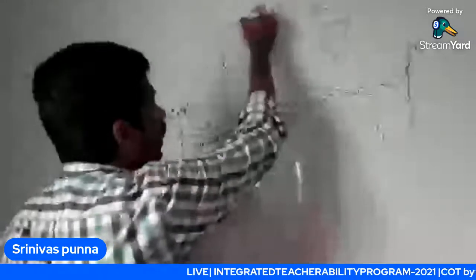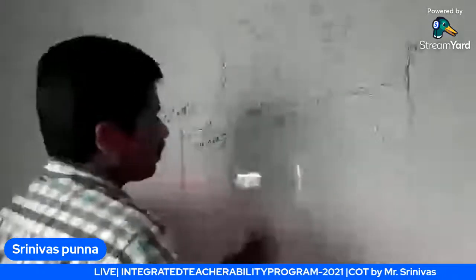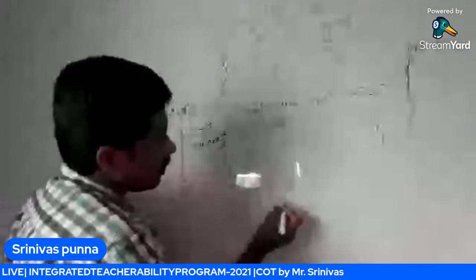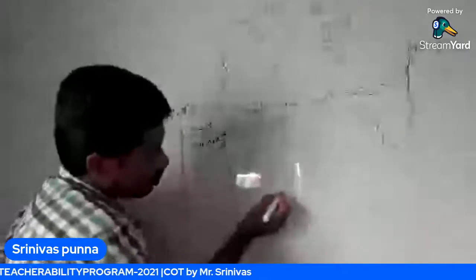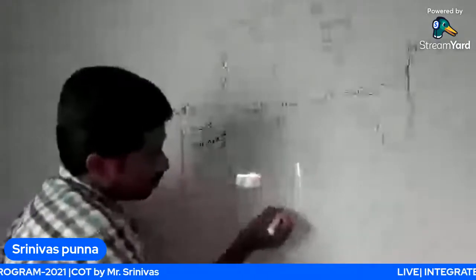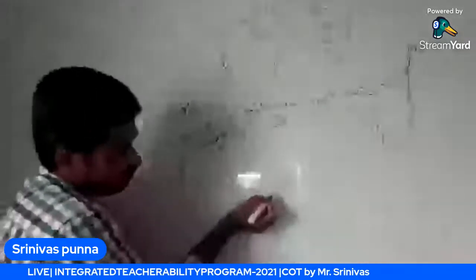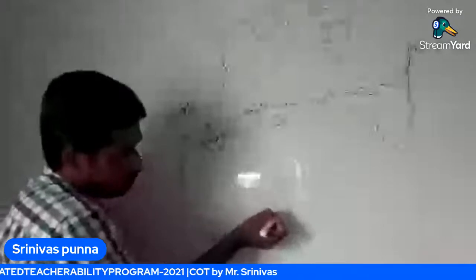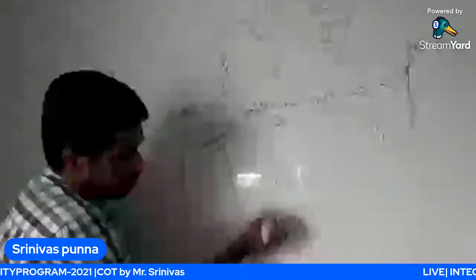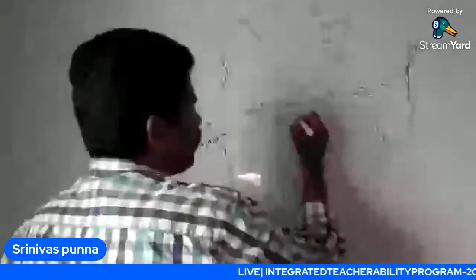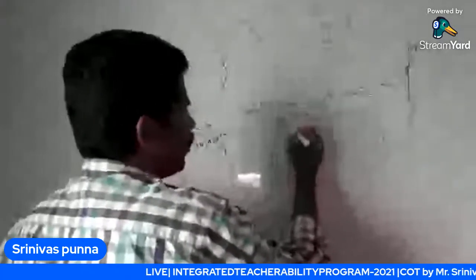So from Kanyakumari up to the northernmost place, it is 3,214 kilometers of length.